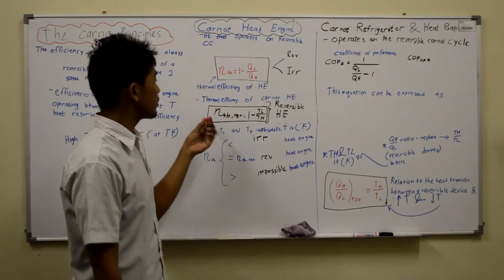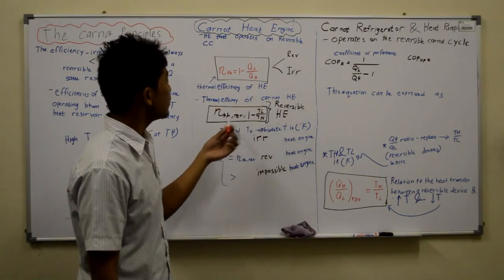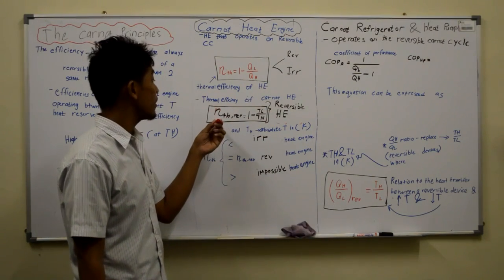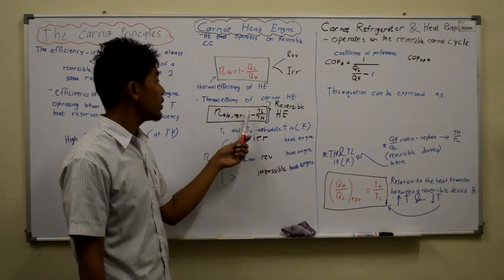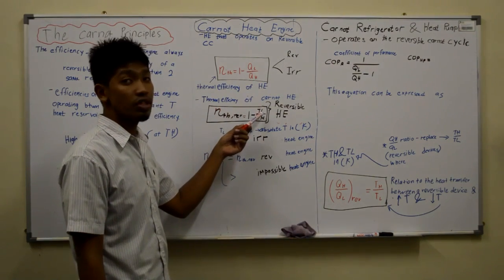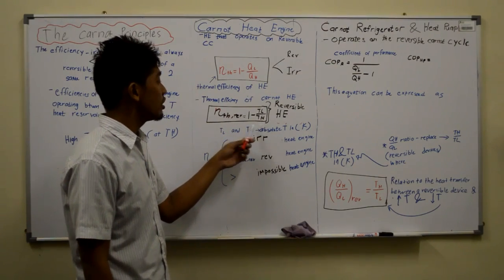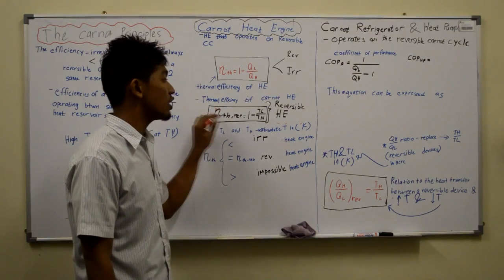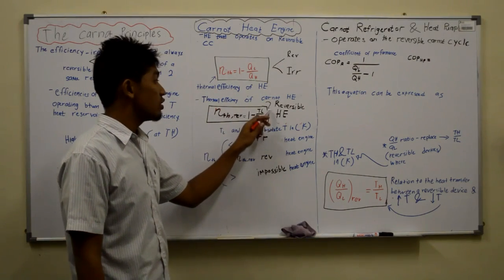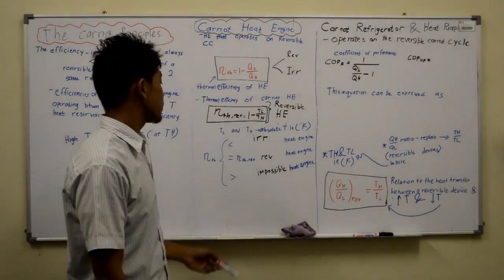Then this is the thermal efficiency of a Carnot heat engine by another formula: thermal efficiency equals 1 minus TL, the lower temperature, divided by TH, the higher temperature. This equation is only suitable for the reversible heat engine process.